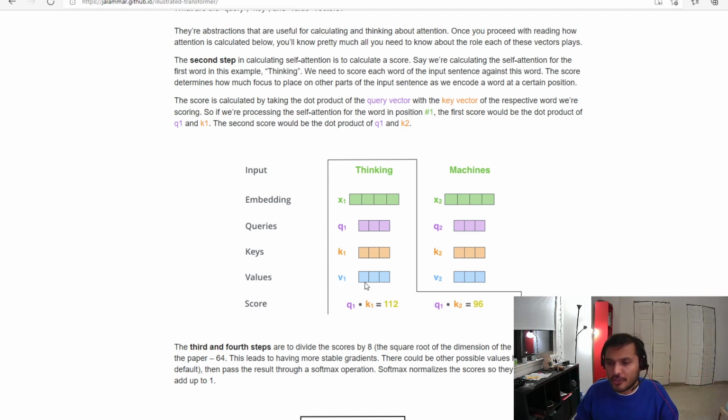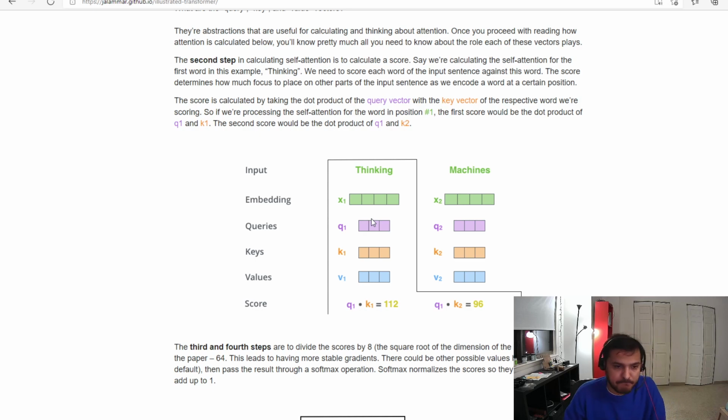Of course, a word would have higher attention with itself because the word is itself. So that's why this value seems to be high. And now you look for the next highest value. In this query and key space, I do a dot product and try to see what queries and keys are most closely related. The higher the score, the more correlated they are.